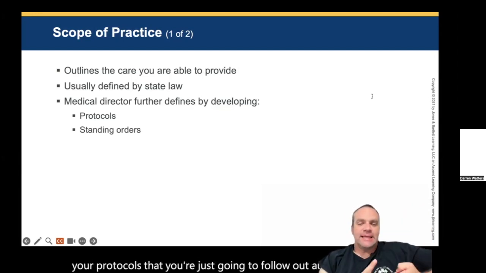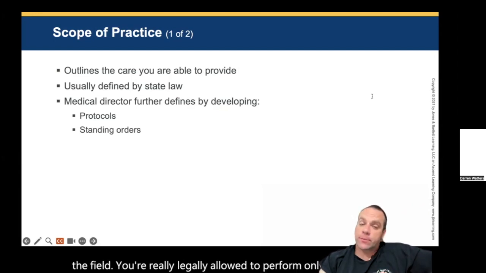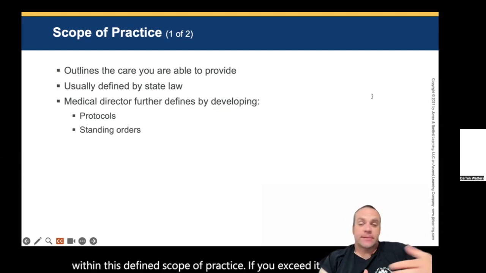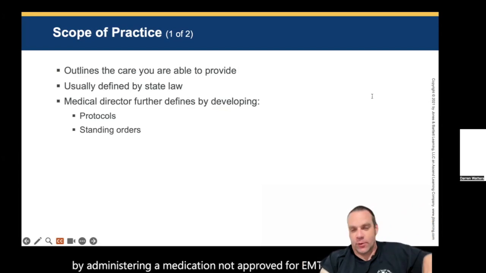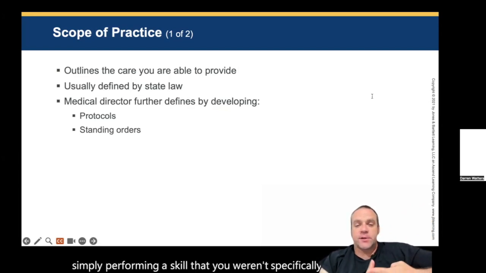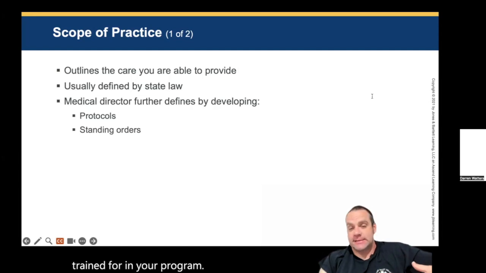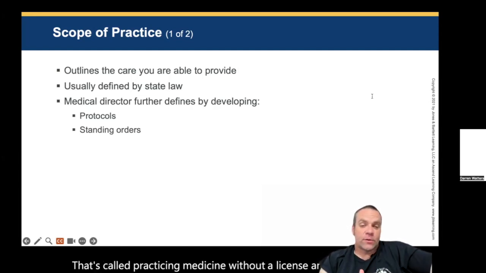You're really legally allowed to perform only what falls within this defined scope of practice. If you exceed it, for example, by administering a medication not approved for EMTs, or simply performing a skill that you weren't specifically trained for in your program, that's called practicing medicine without a license, and it may carry a criminal or civil penalty.